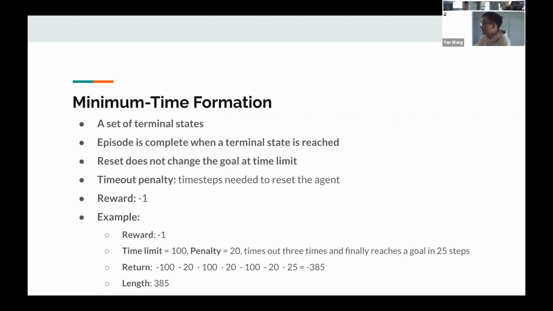For example, consider a task where the reward is -1, the time limit is 100, and the penalty is 20. The agent timed out 3 times and finally reached the goal state within 25 steps. So then the return just adds up these numbers to 385, and the length of the episode is also 385.